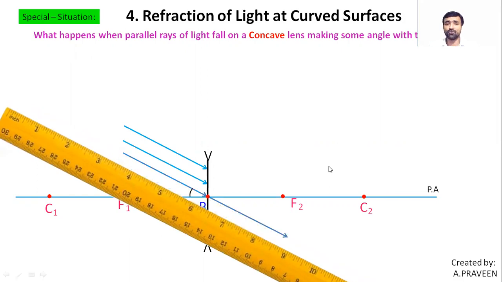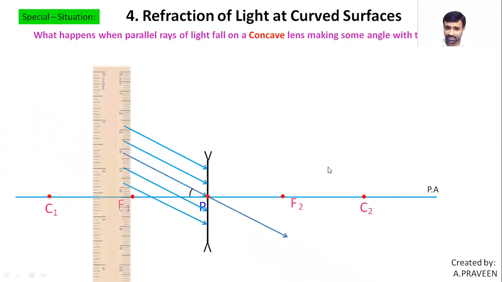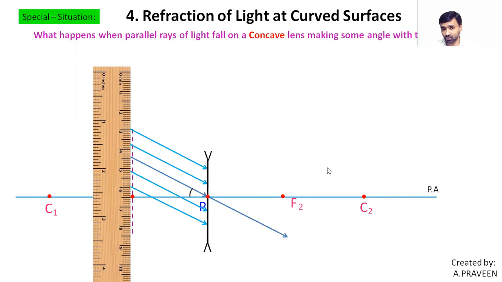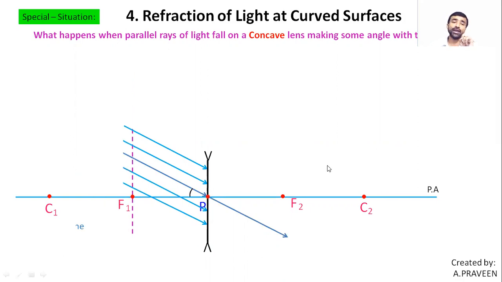Then draw the focal plane from F1 perpendicular to the principal axis. So this is the focal plane. Then the ray which is passing through the optic center remains undeviated after refraction. Where it meets the focal plane, that is the imaginary focus for us. So that red colored spot on the focal plane is taken as the imaginary focus.